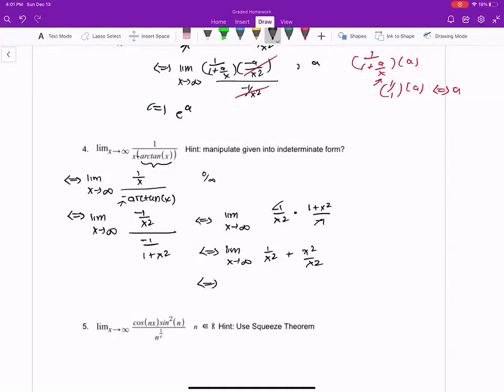Now you can sub in x equals infinity, which gives you 1 over infinity, which is 0, plus just 1, which is equal to just 1.